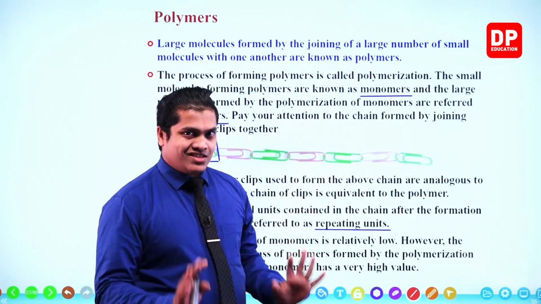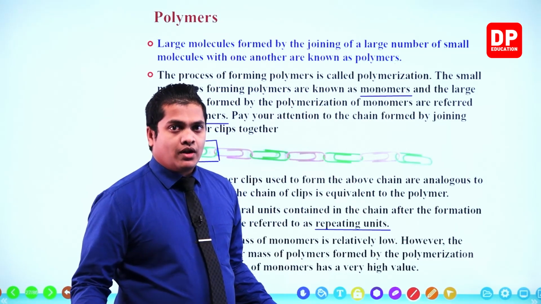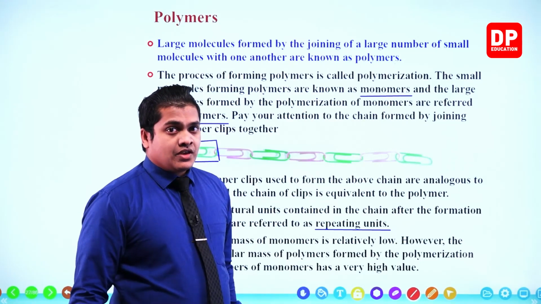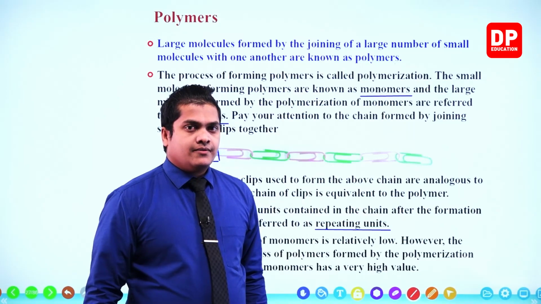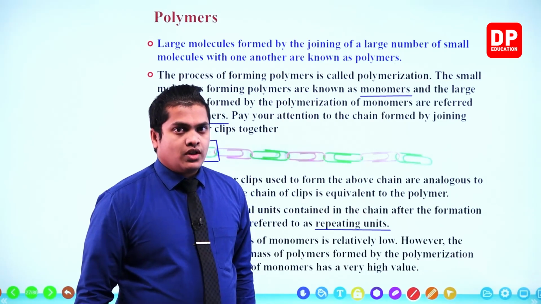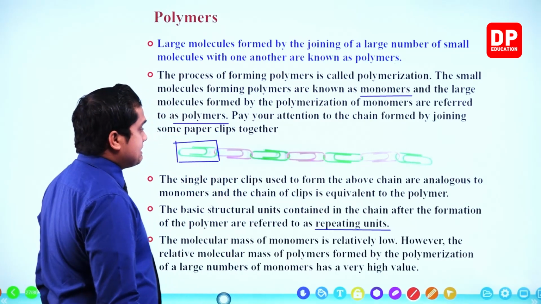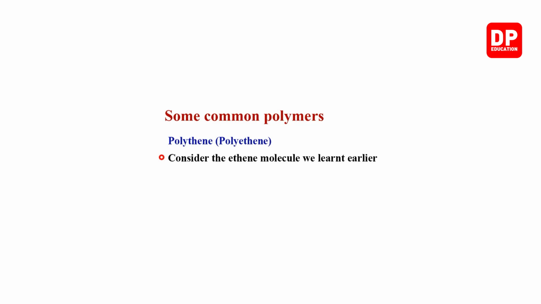Here just 7, but it can be even more. We don't know the number of units contained within a polymer. So when you take a polymer, its molecular mass is very high because there are a large number of smaller monomers. So these are the polymers, my dear children.